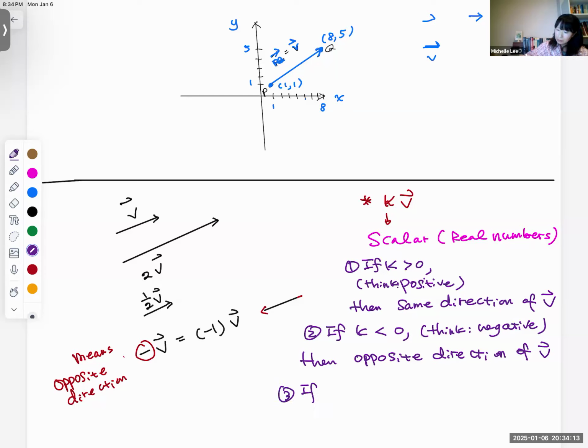And if k equals 0, then the vector v will be the 0 vector. So we have this notation for the 0 vector.